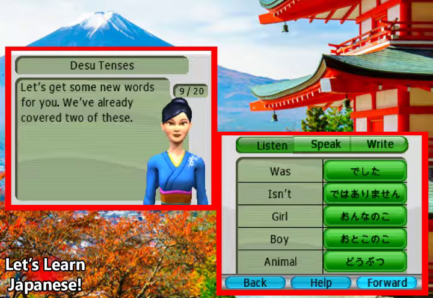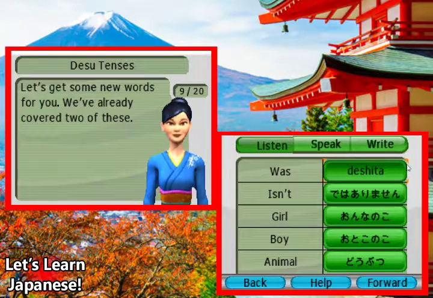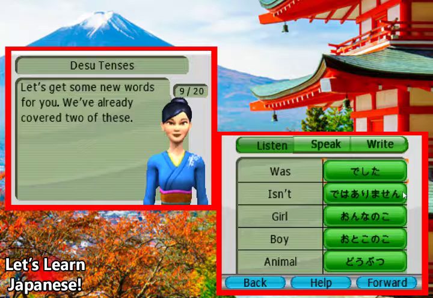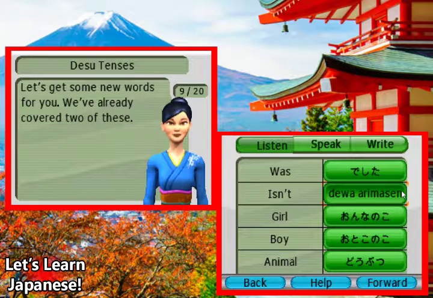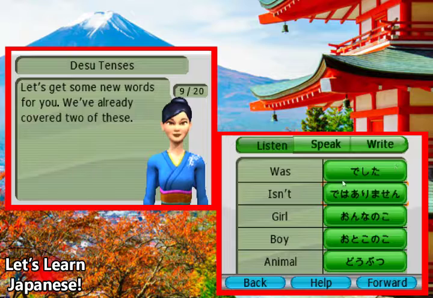Okay, so here's our vocabulary. Couldn't think of the word. So we have でした。 We have ではありません。 Those are, again, the past tense and the negative present tense. Girl, similar to 女の人 for woman person.